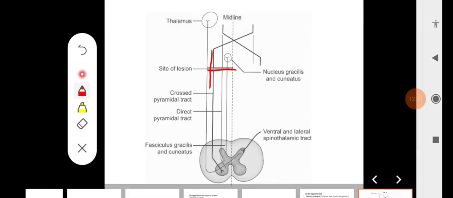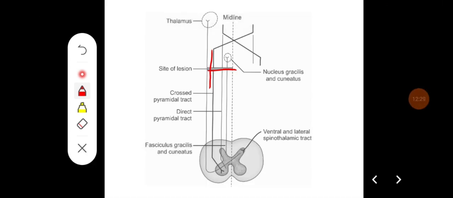So that is the motor involvement seen on the same side. On the other half, the motor neurons are unaffected, and this is called Brown-Sequard syndrome.